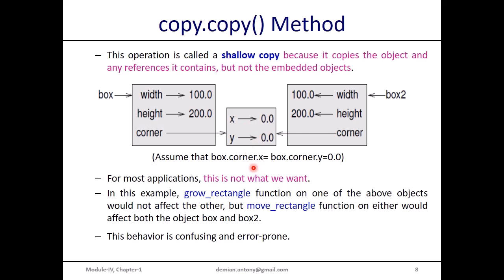So this is what most applications don't want, this kind of effect of members of different objects sharing a common object, which again creates confusion and other errors related to the business logic.